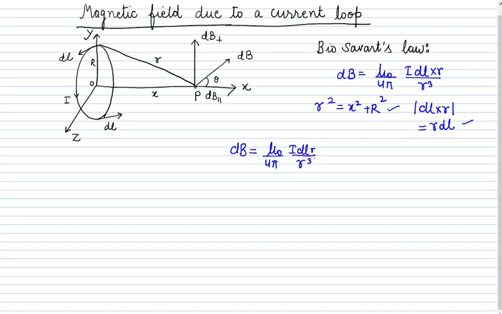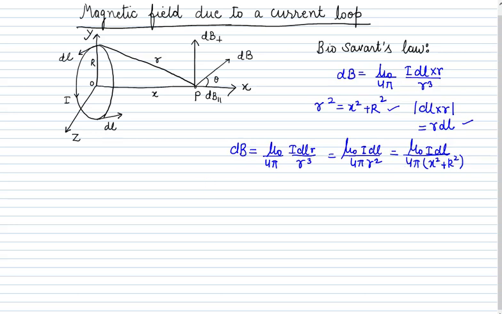So this one r cancels out. So this is equal to mu naught I dl upon 4 pi r square, and again substitute the value of r. So you will have this as mu naught I dl upon 4 pi, and this is x square plus R square. So this is the form our Biot-Savart's law has reduced to.